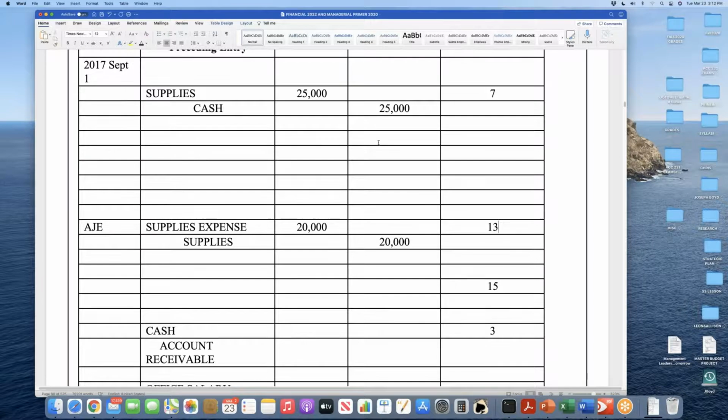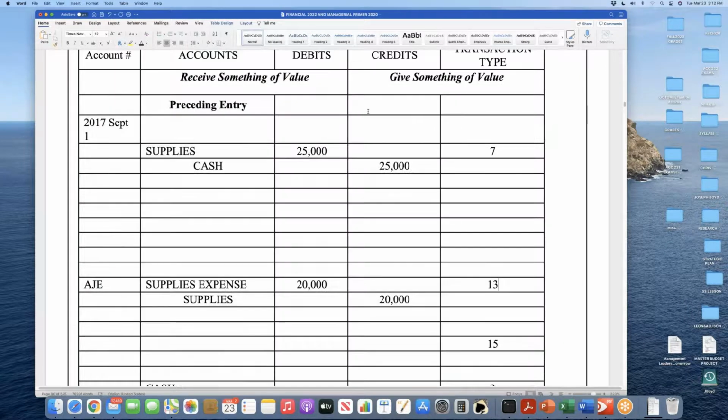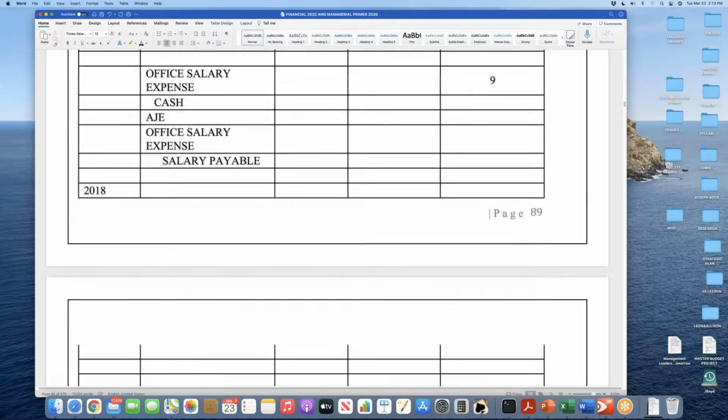Whenever supplies is involved, you're going to debit supplies and credit cash, or you could debit supplies and credit accounts payable. These are all preceding entries. You can have more than one, but the AJE is always going to look like this at the end of the period: supplies expense and supplies.